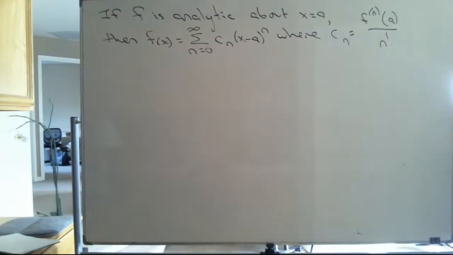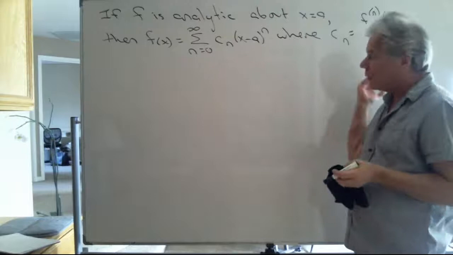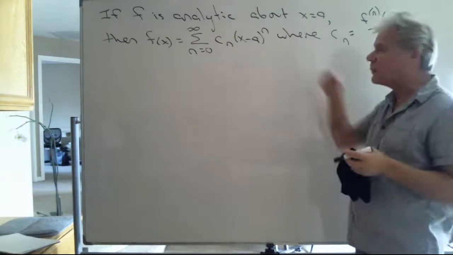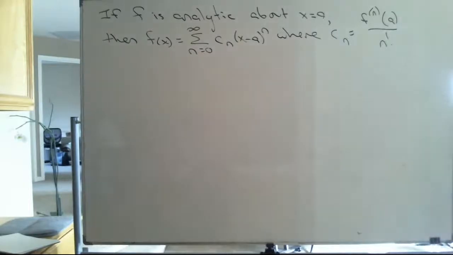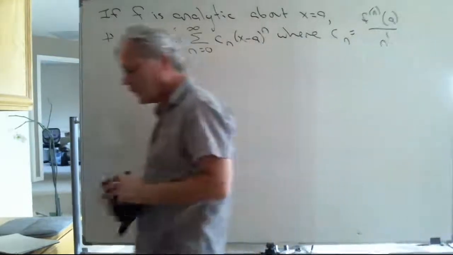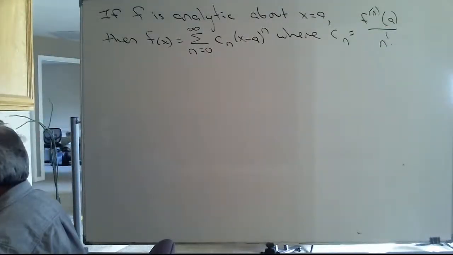This is going to be how I generate a Taylor polynomial representation for my function f, or a power series representation for f, centered about x equals a. I'll just classify it as a Maclaurin series if a happens to be 0. How about if I now provide you with an example?